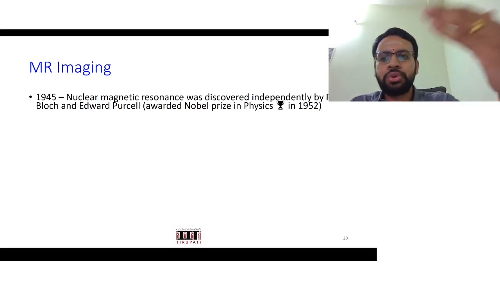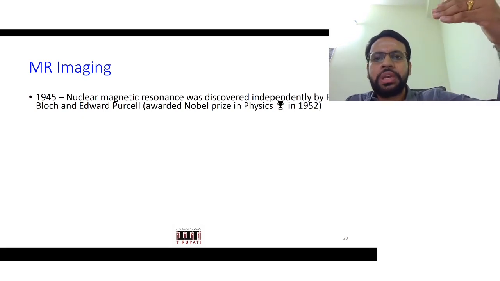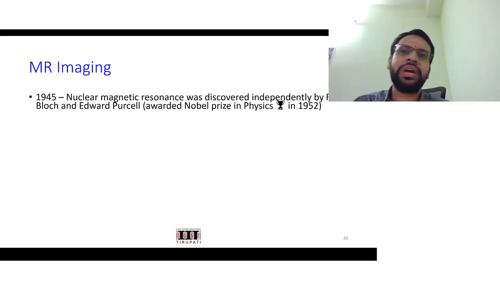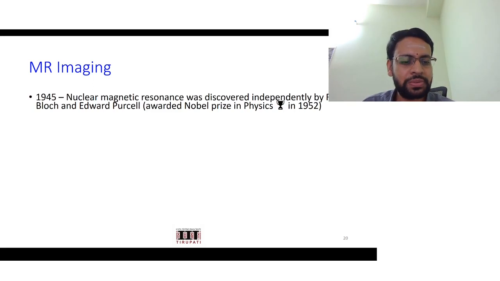There were again some more important historical landmarks before this. I'm skipping them, but these are the ones who gave the first mathematical basis for nuclear magnetic resonance. This work again, within almost 7 years, was awarded a Nobel Prize in Physics.